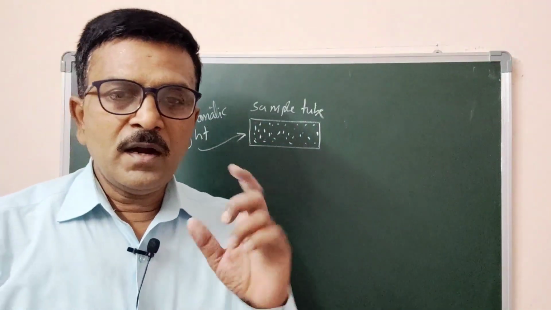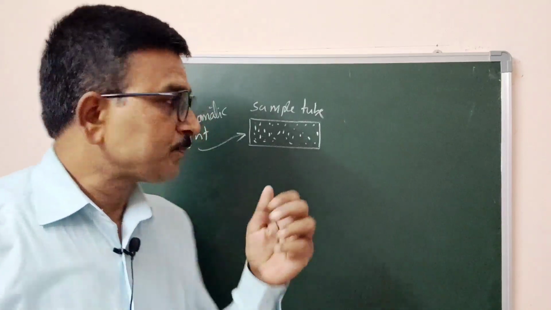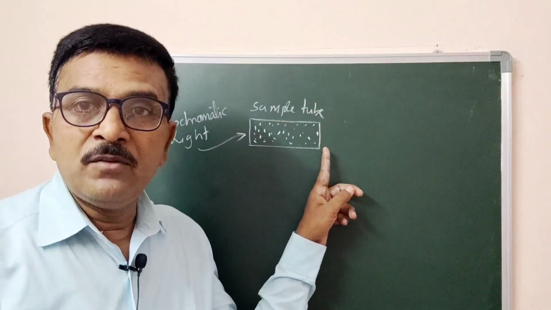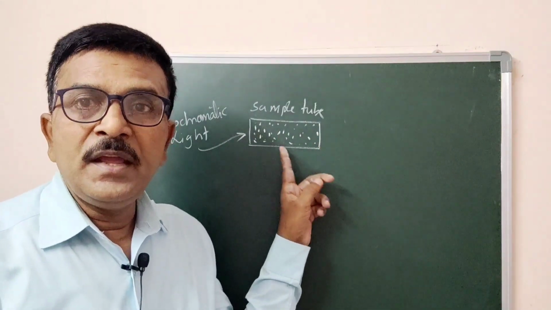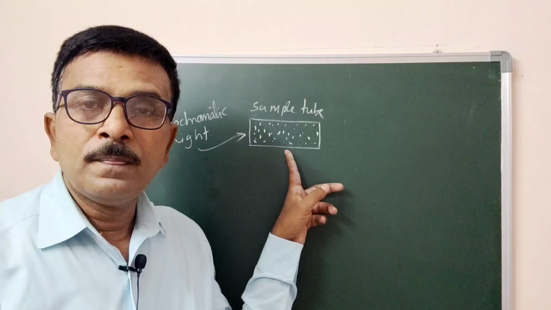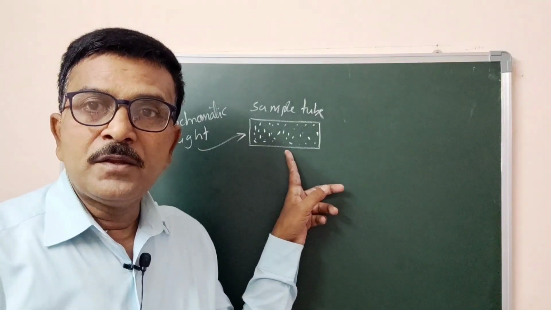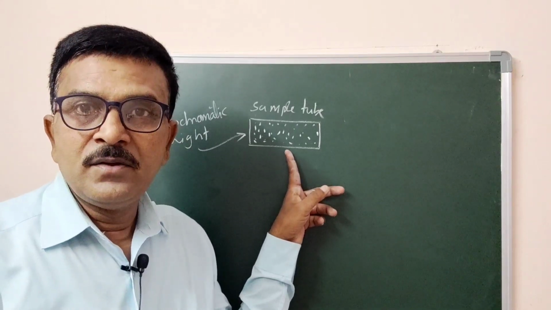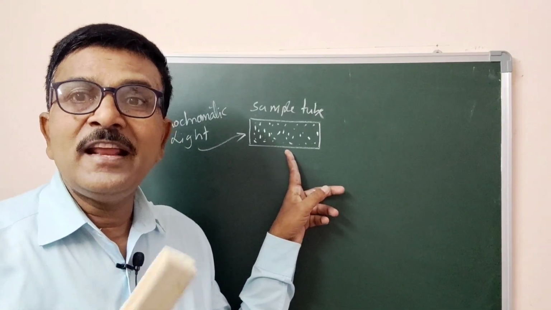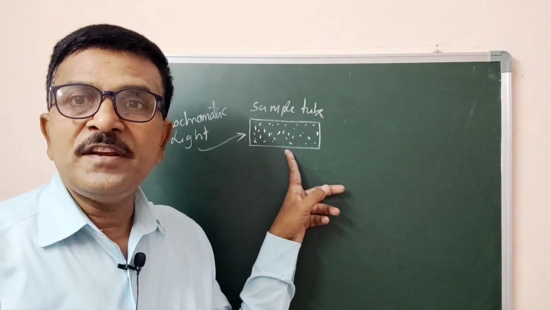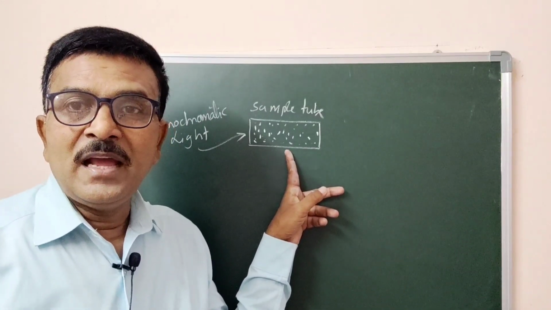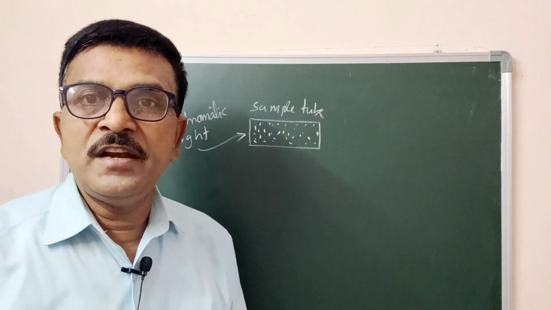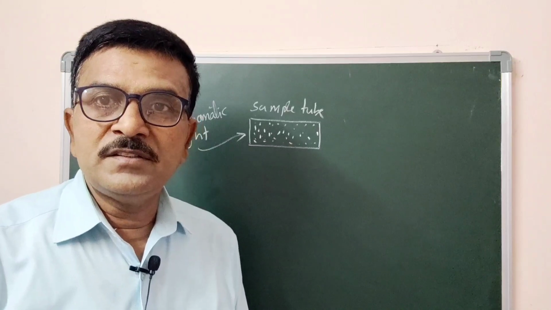When monochromatic light is supplied, the decreasing frequency of transmitted light with the thickness is directly proportional to the intensity of incident radiation as well as the concentration of the solution.